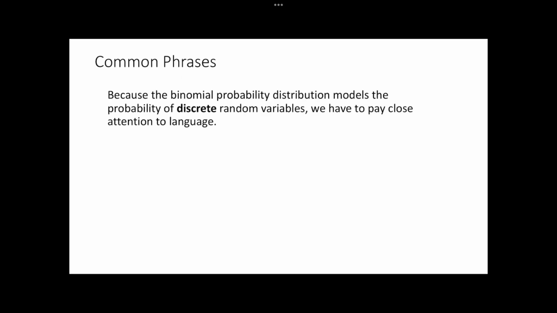Because the binomial probability distribution models the probability of discrete random variables, you need to pay close attention to language. Unlike with the normal distribution, it matters whether or not we include the endpoints. If we say something like more than 5, that means we're going to start at 6, right? 6, 7, 8, all the way up to n.